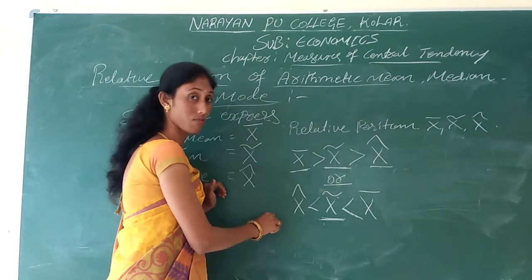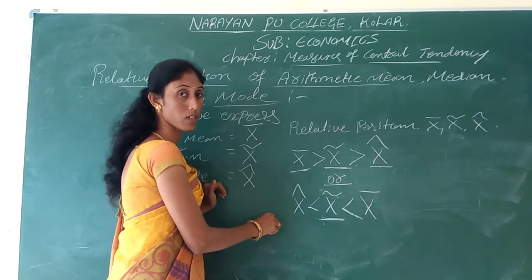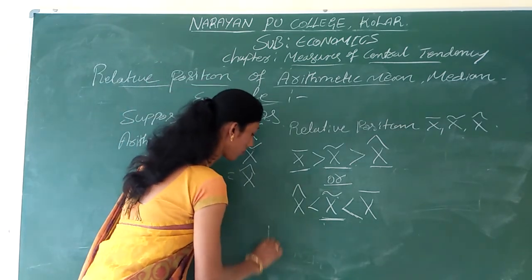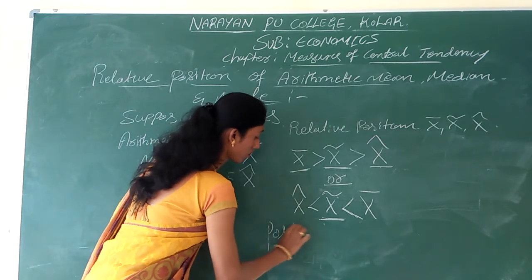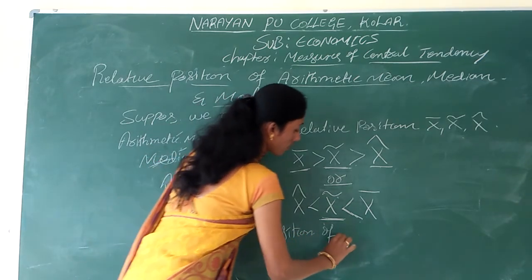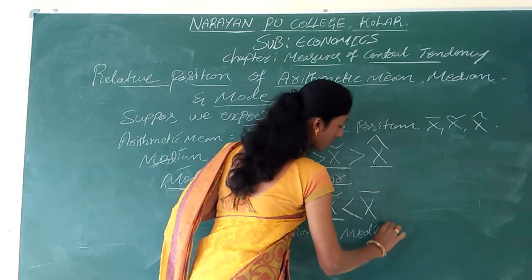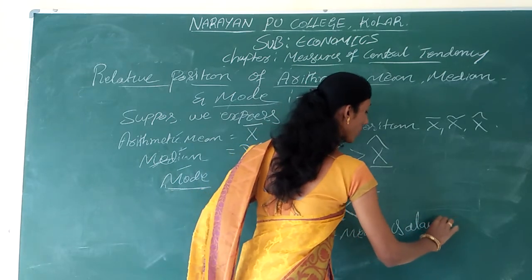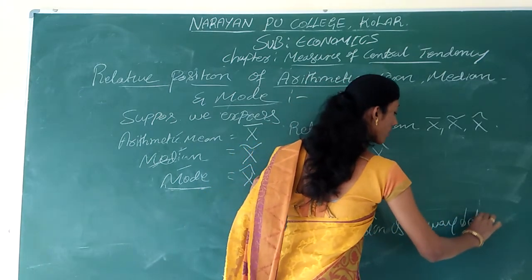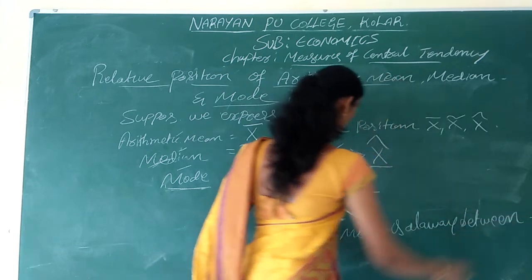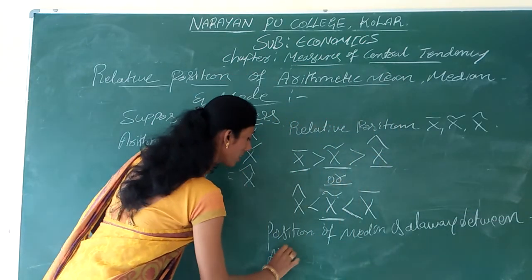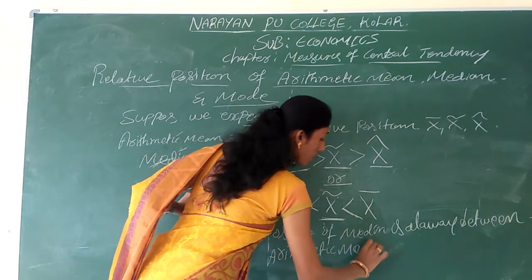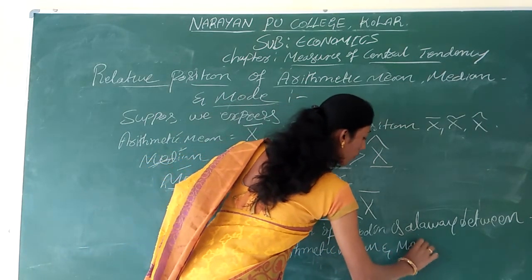If they ask in a one mark question, what is the position of median compared to mean and mode? Then the position of median is always between arithmetic mean and mode.